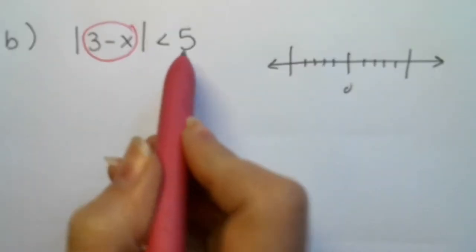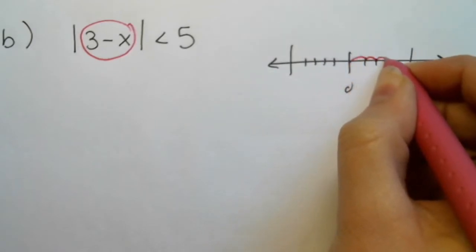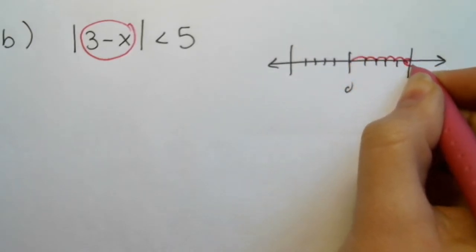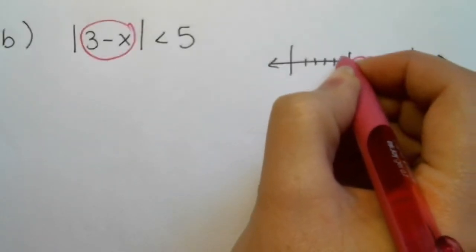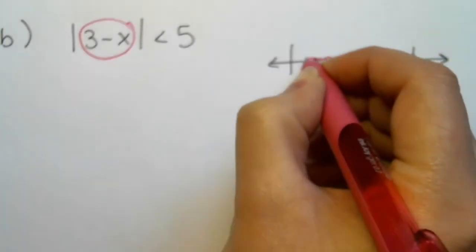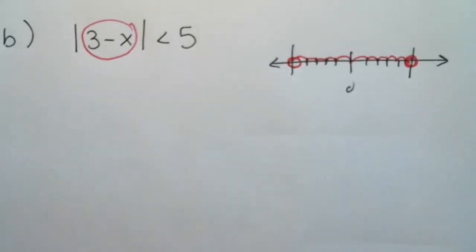Now that number is less than 5 units away from 0. So we're going to move out 1, 2, 3, 4, 5 units to the right, but we're not including that value. And then 5 units to the left, 1, 2, 3, 4, 5. But we're not including that value because it's less than and not less than or equal to.